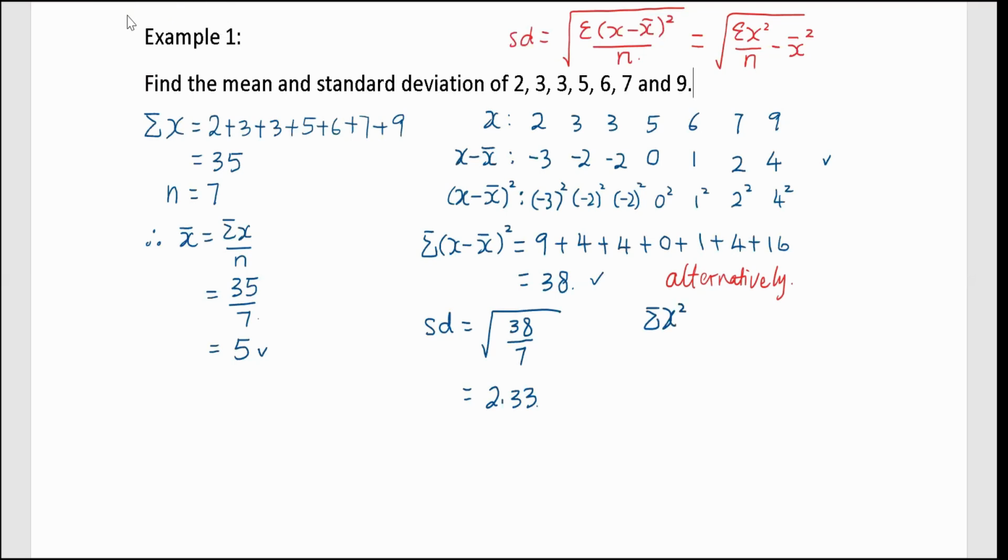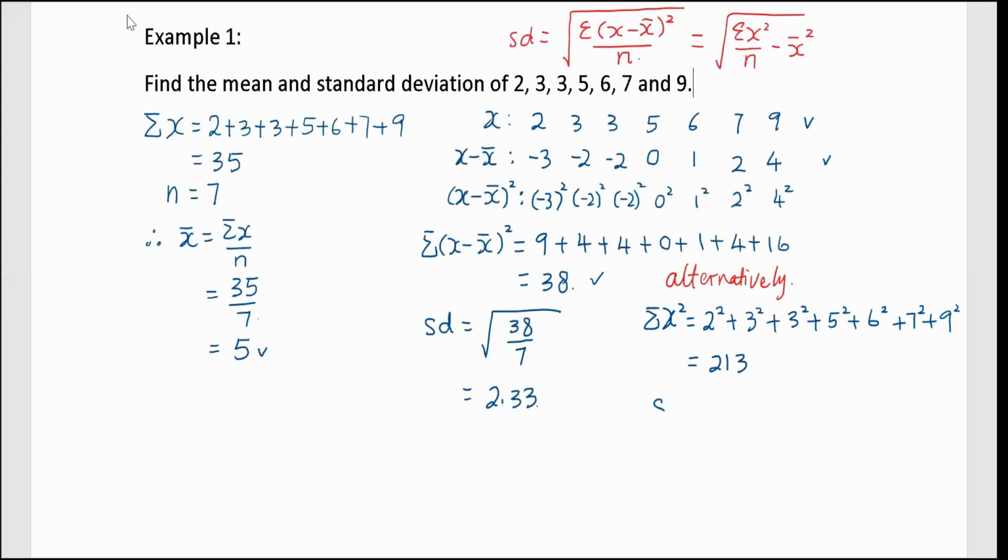What does it mean? It means that all the 7 data here, every single data needs to be squared, then we sum them up like this. Using calculator, we get the value to be 213.